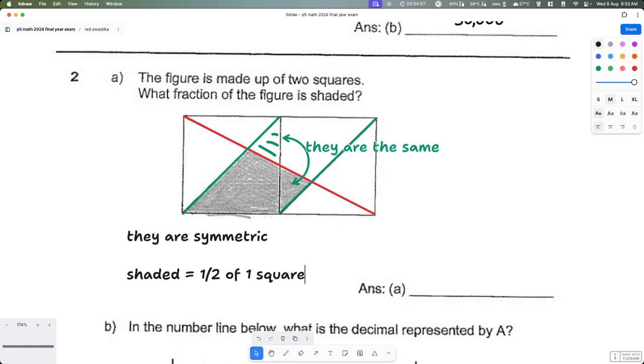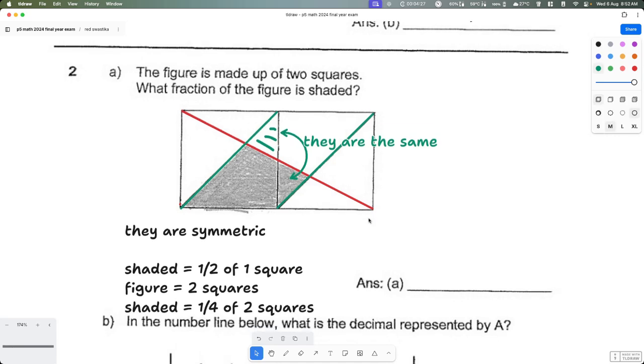Basically this is half of one square. If you make this into a rectangle, the figure is equal to two squares. That means shaded is one quarter of two squares.